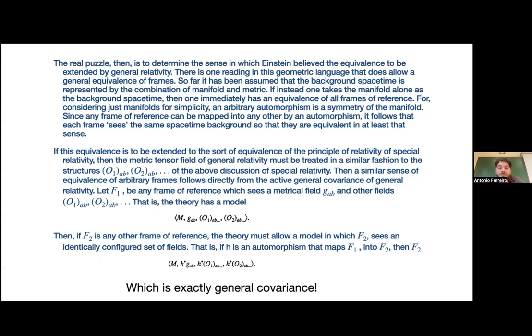So if we don't think of the metric as being part of the underlying spacetime structure, which is a very tough thing to assume, but if we assume that, then we do fulfill Einstein's dream, because indeed the spacetime structure is invariant, and we just have to transform all the other things that we put on top of the spacetime, like the metric, in this way.